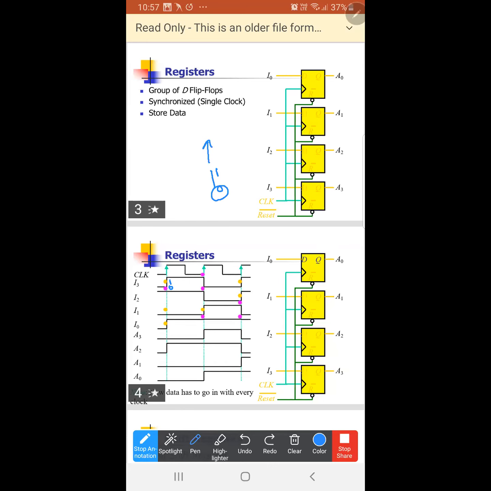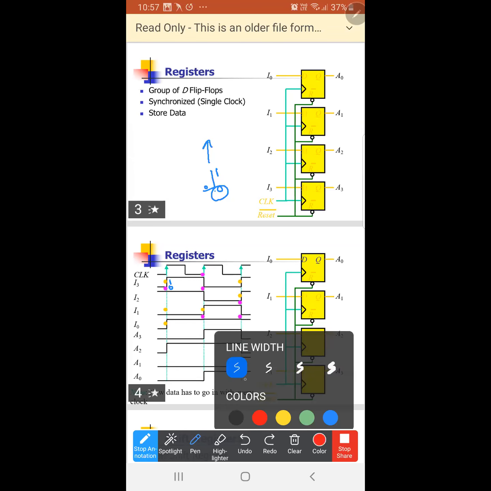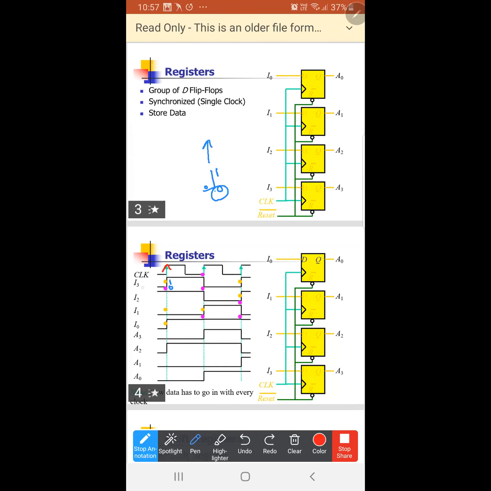The first value, going from 0 to 1, is 0, not 1. Got it? So for I3 before the clock, of course, A3 will be 0. At the edge of the clock, the first value is 0, so I will consider 0 and it will continue till the next clock. Got it?